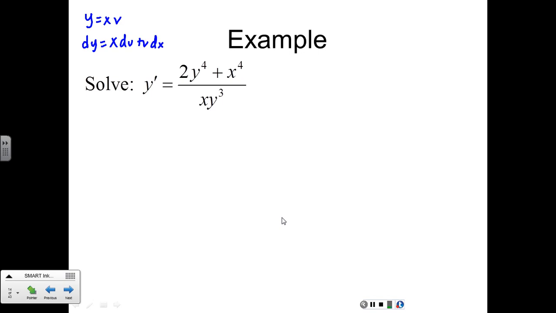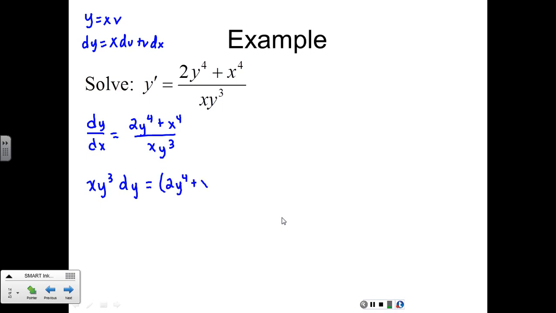So if I say that dy over dx equals 2y to the fourth plus x to the fourth over xy cubed, I can cross multiply because that's like a proportion. So you would have xy cubed dy equal to 2y to the fourth plus x to the fourth times dx. Just cross products.